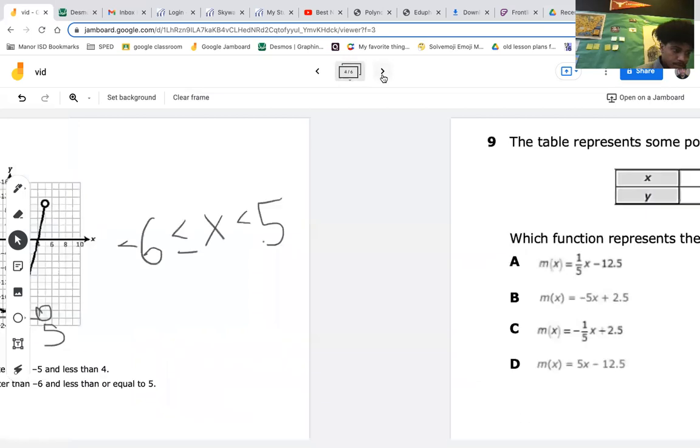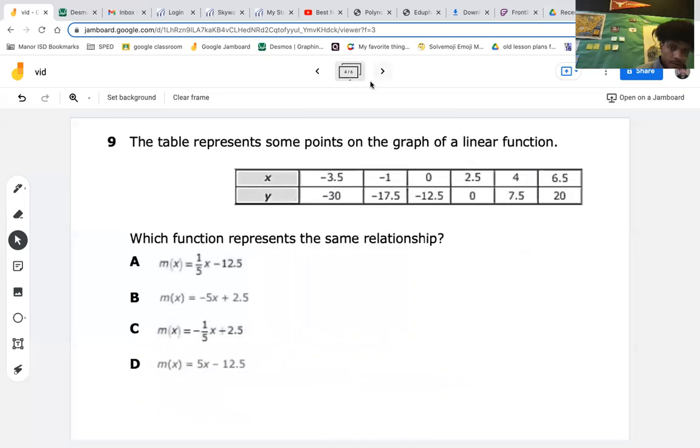Next up, here's a graph of a linear function. Which function represents the same relationship? So you could use the formula that's going to be given to you for slope, and then use algebra to find the formula, find the y equals mx plus b. That's one way to do it, but the easiest way to do it is just use the calculator, and you only need 2 points to type this into to find a linear function in the calculator.